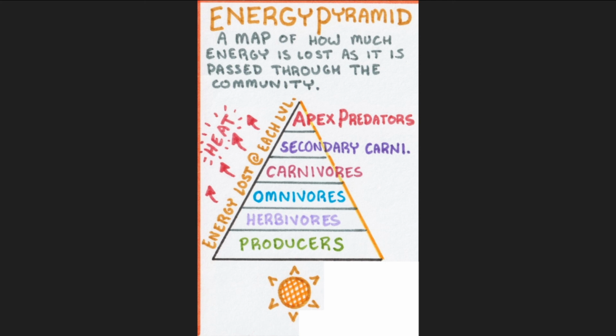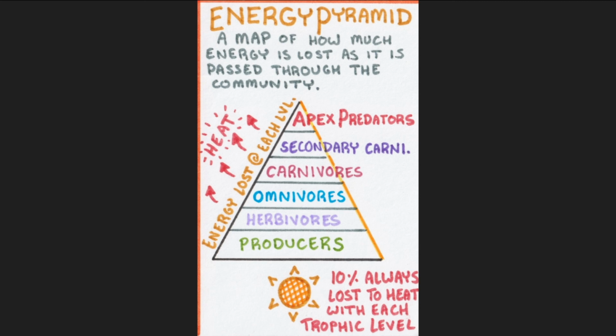And as you move up, there is slightly less and less energy to eat from. So that's basically the idea. So if we were to put this into numbers, for all those math kids out there, we call this the 10% rule, because usually 10% is always lost to heat with each trophic level.